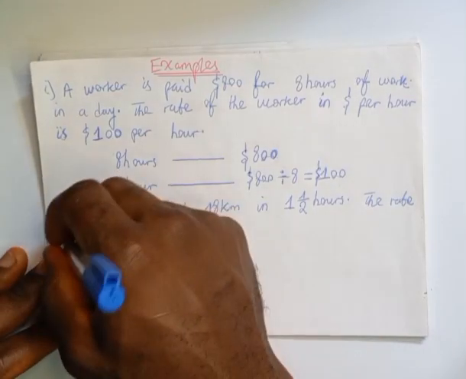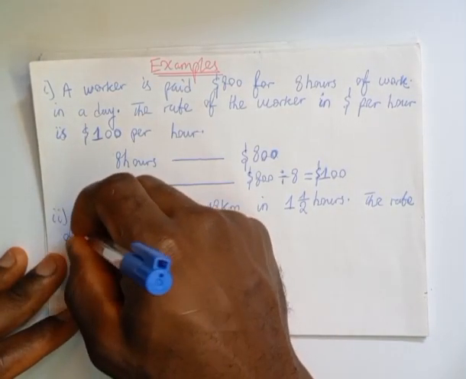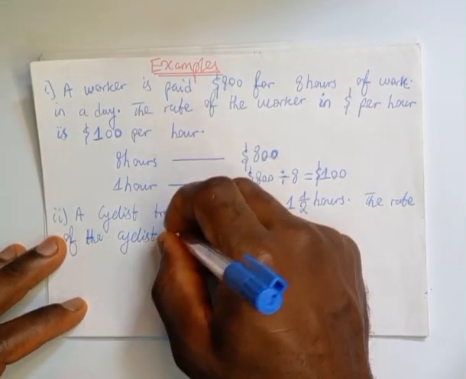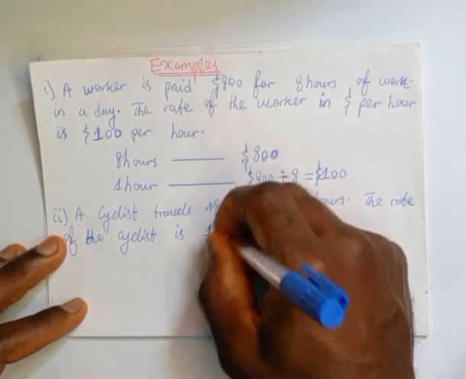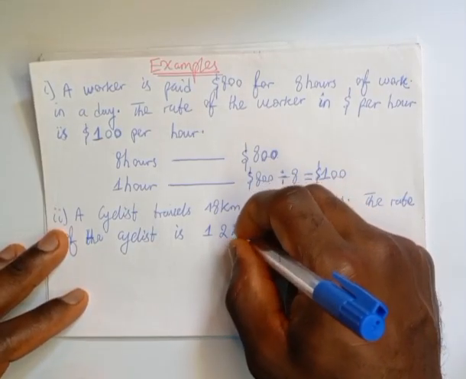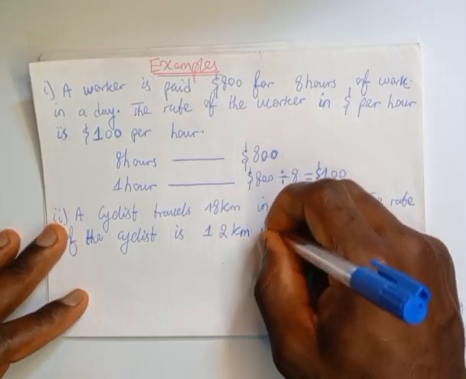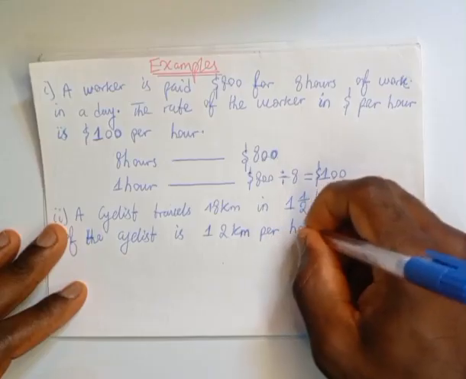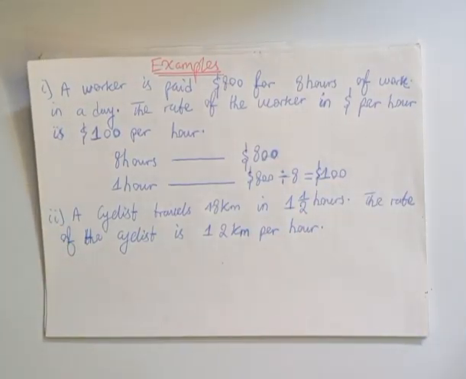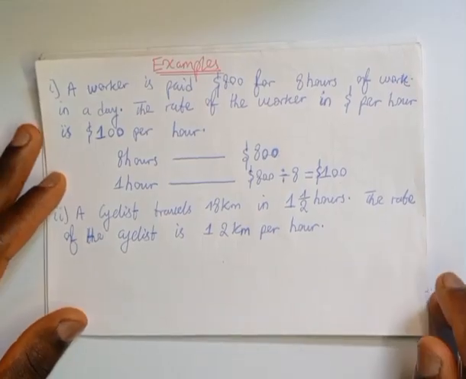The rate of the cyclist is 12 kilometers per hour. Now let's see how the 12 kilometers per hour is obtained as the rate of the cyclist.